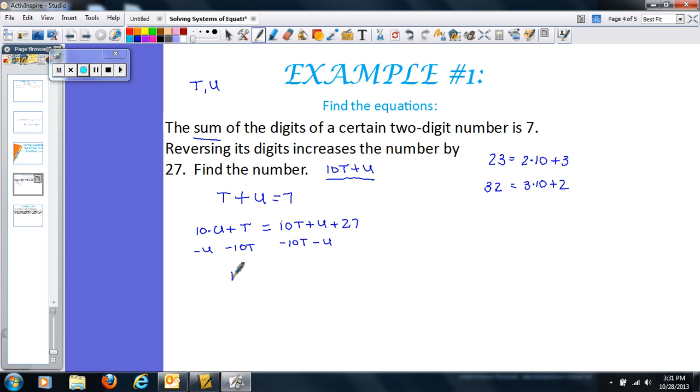So I get t plus u equals 7, and negative 9t plus 9u equals 27. And so now I have my system of equations, and it's ready to be solved. But this is as far as we're going for today.